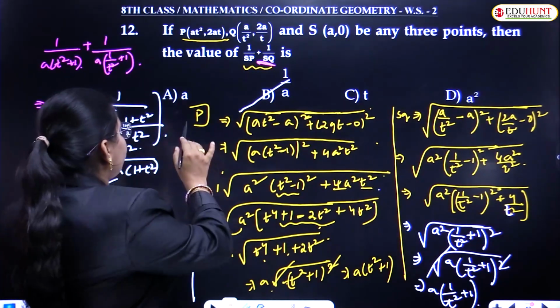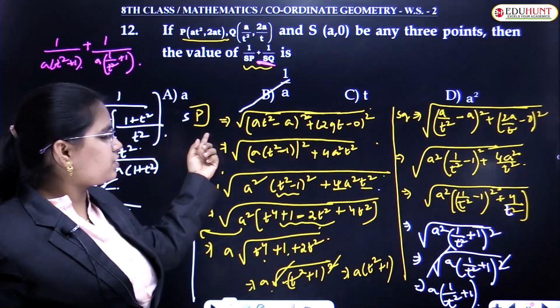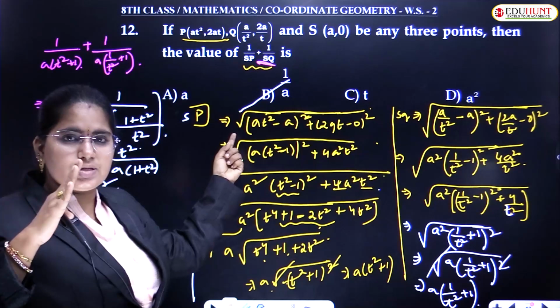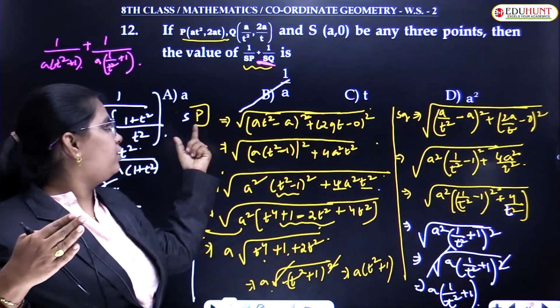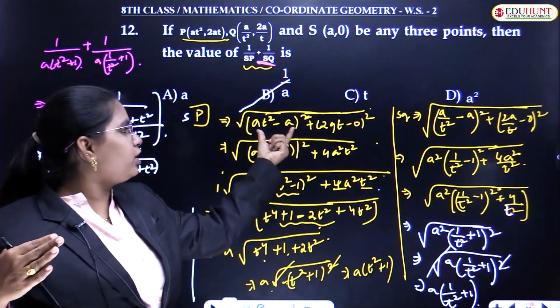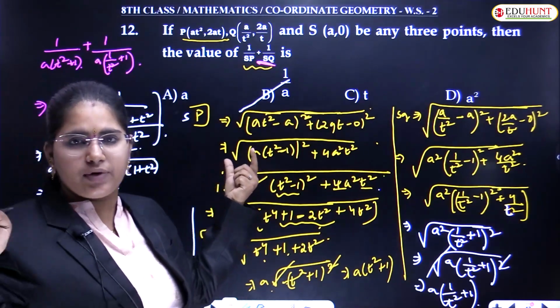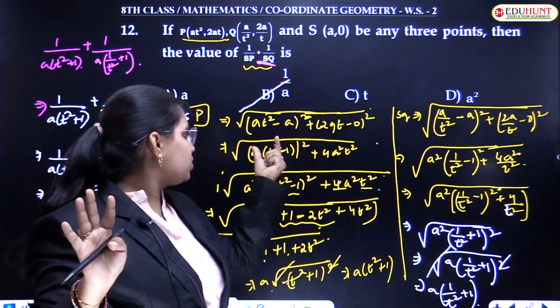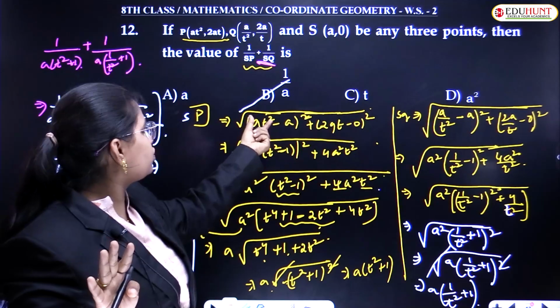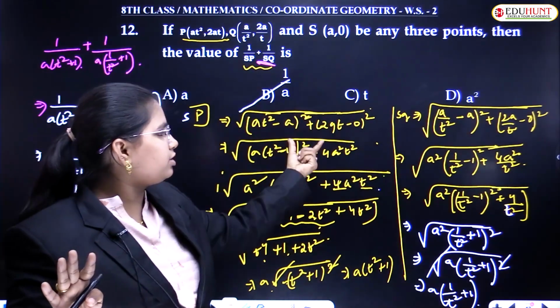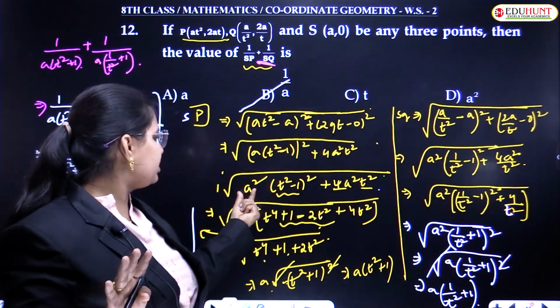What does SP represent? SP represents the distance from point S to point P. So the distance between 2 points formula is root of x2 minus x1 whole square plus y2 minus y1 whole square. Correct? So what I am going to do here is x2 minus x1 whole square. I substituted the values and took a square as common.